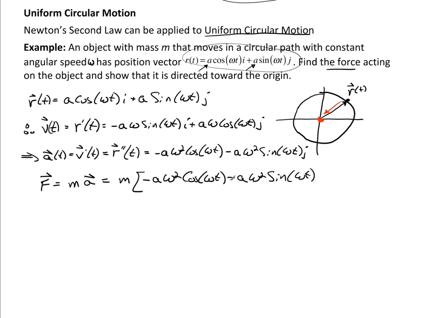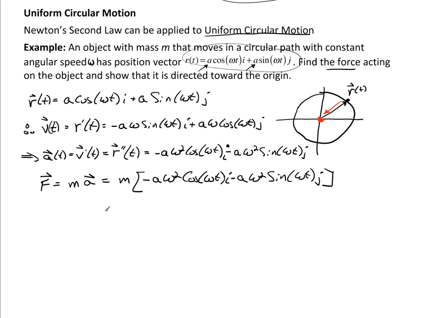Oops, I forgot my i here. I forgot it here too. Hopefully you caught it. There's the i and there's j. Let me fix that just a little bit. There we go.